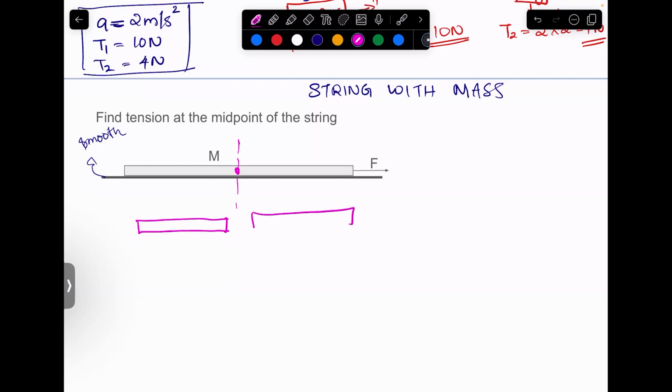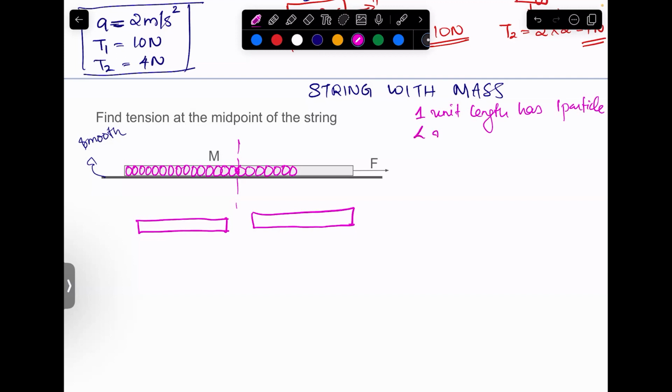Now, imagine this mass m is distributed uniformly along the whole string. If you think of this rope as particles, and one unit of length has one particle, then L units of length will have how many particles? L particles, right? One unit length has one particle.